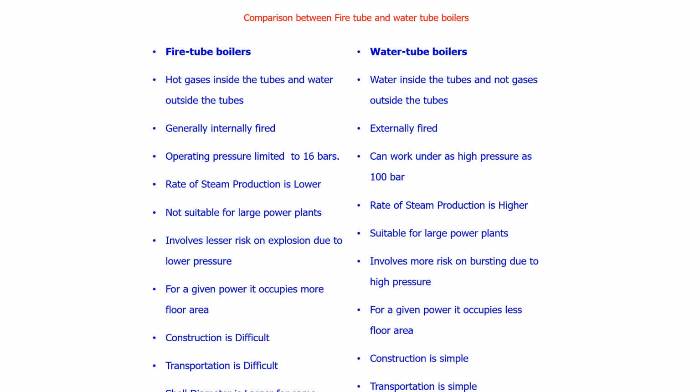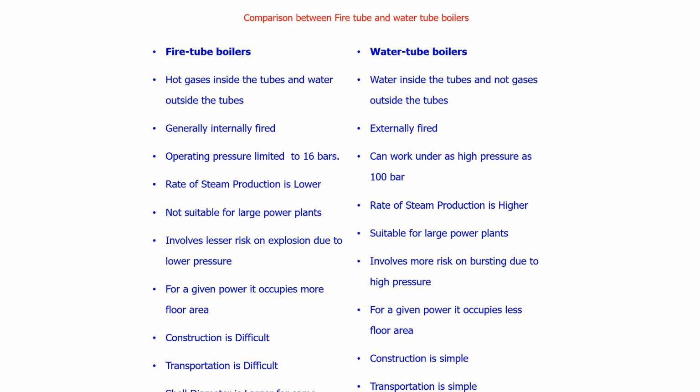How can fire tube boilers and water tube boilers be classified? If the flue gases, that is fire, are passing through the tubes, then it is termed a fire tube boiler. Similarly, if water is passing through the tubes, then it is termed a water tube boiler.